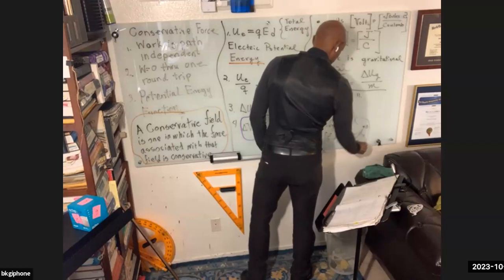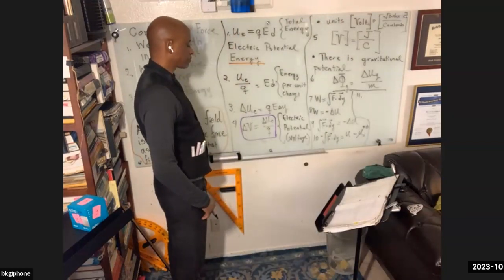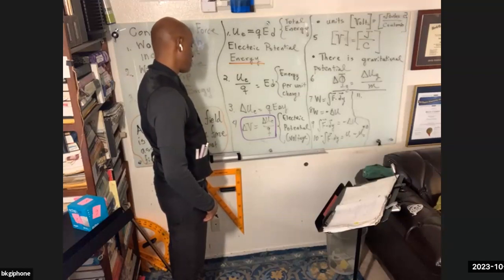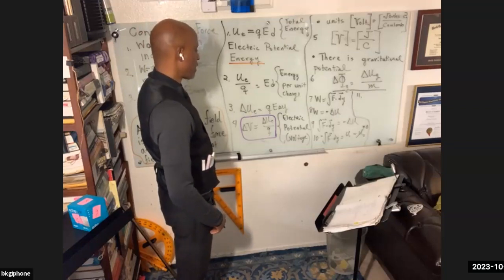So I can say that the potential energy is then equal to minus the integral of F dot dy.